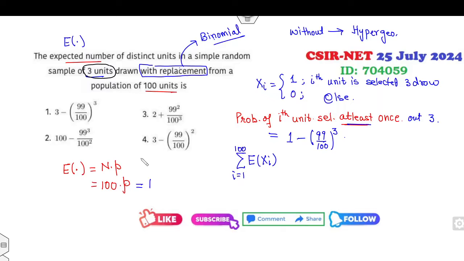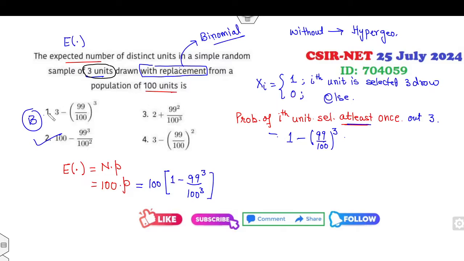That is the mean. Otherwise, once we know it is a binomial distribution, that's over. I can substitute: 1 minus 99 over 100 whole cube. So clearly the second option is the right answer of this problem.